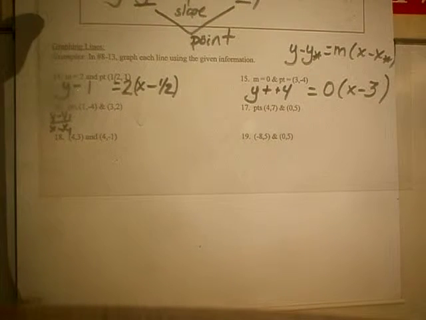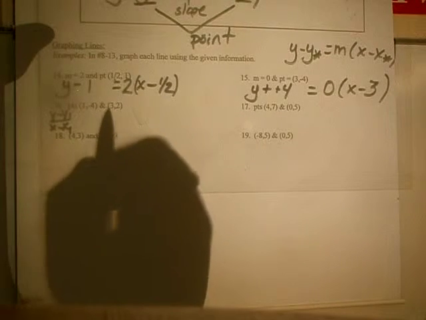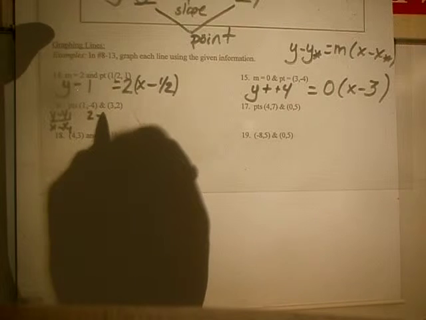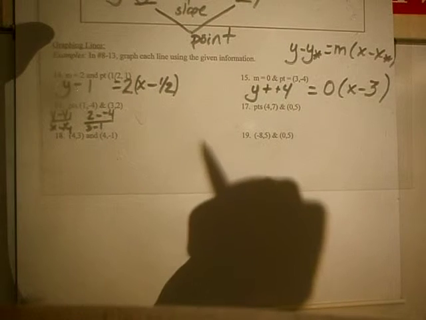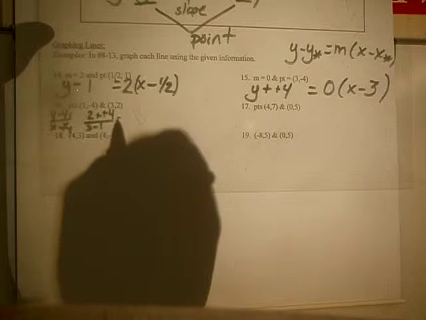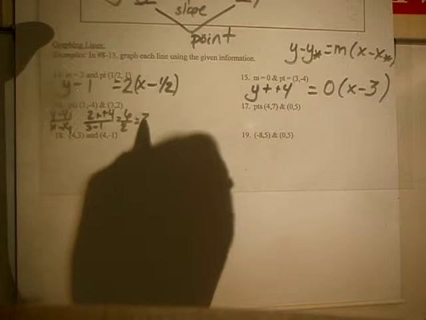So subtract your y's, subtract your x's. If you subtract your y's, 2 subtract a -4, 3 subtract a 1. When you zip-zap that, your slope ends up being 6 over 2, which is 3.